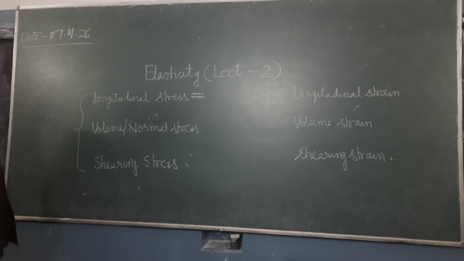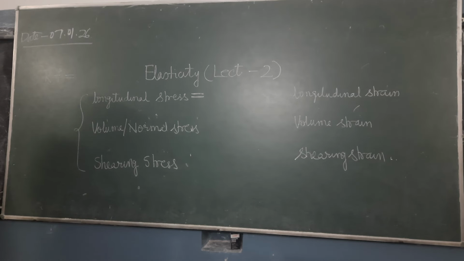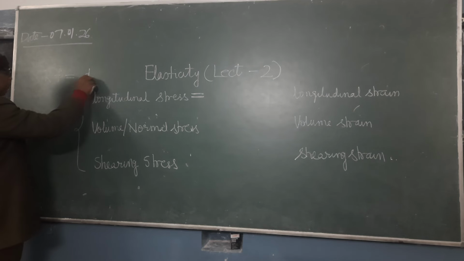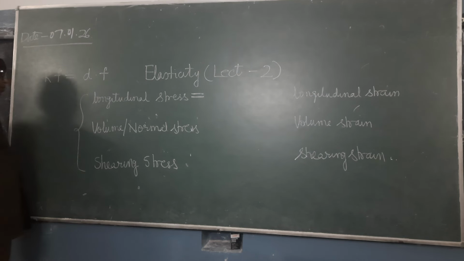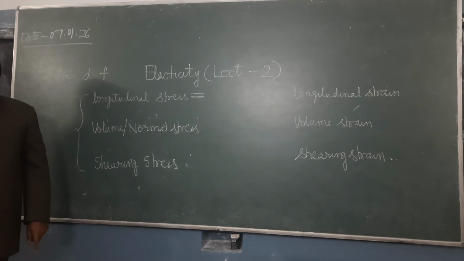And in equilibrium within the limit of elasticity, already I have told that restoring force will be equal to deforming force. What is the limit of elasticity? If on removing the deforming force the body regains its original shape and size, then it is within the limit of elasticity.